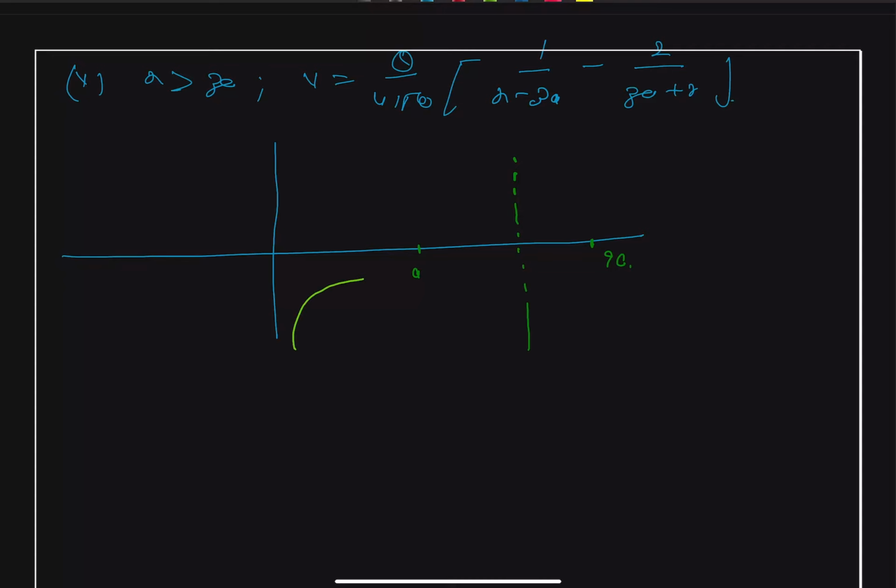So it will come something like this here, and here also something like this, and here also it will be moving like this. This point is minus 3a. So this is the approximate graph for that.